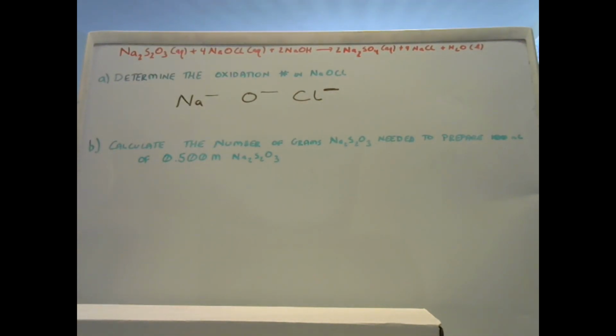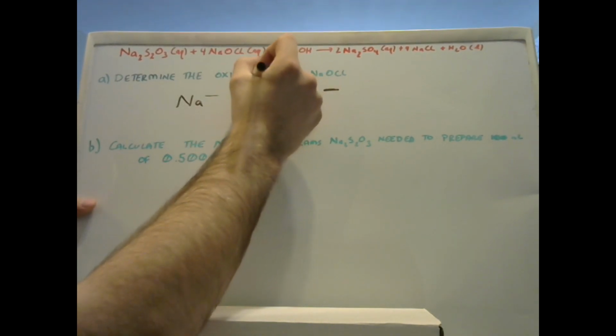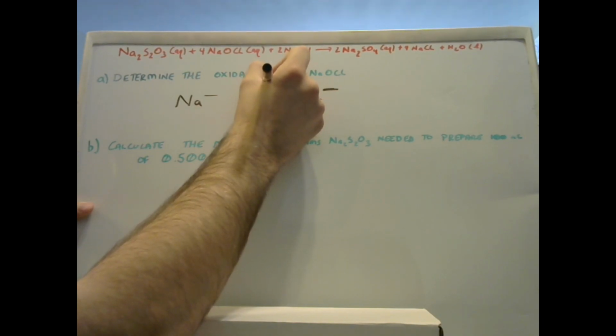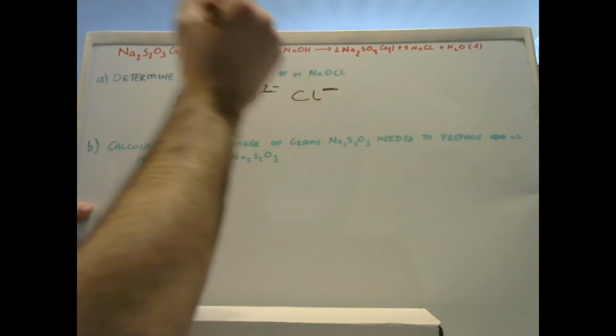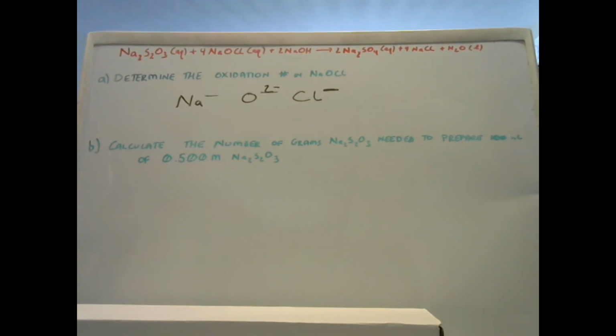So we look at everything else, and we know that all the charges have to add up to 0. Or all your oxidation numbers have to add up to 0. Remember, charges, oxidation numbers, largely the same thing. Now, oxygen is the easy one. It is almost always -2. Sodium is another easy one. It's in that 1A column all the way to the left of the periodic table.